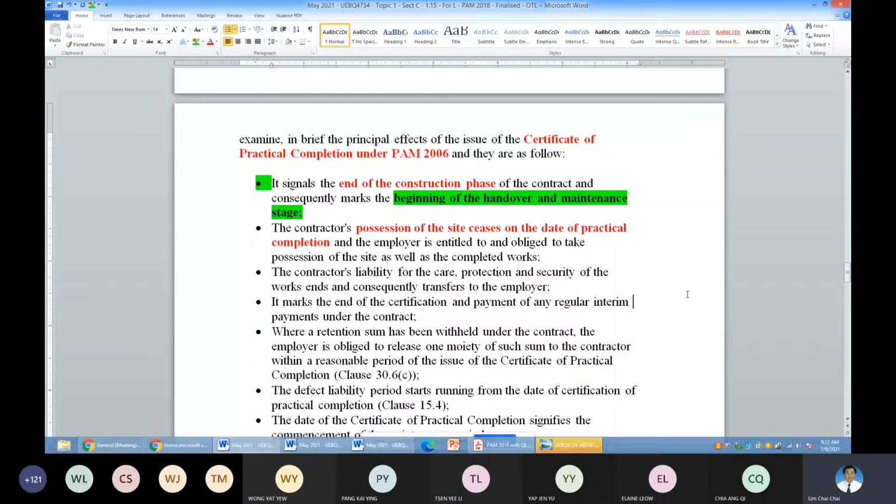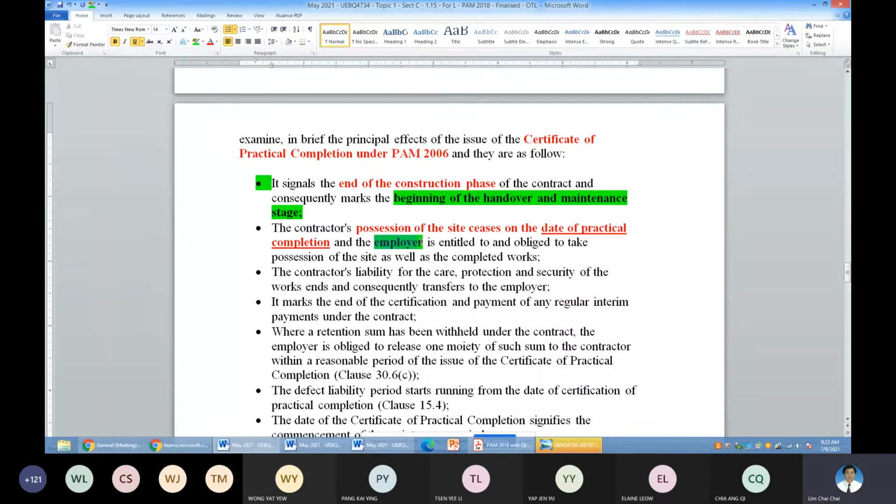The contractual licence of the contractor comes to an end on the date of practical completion. So at any time the contractor enters the project to do maintenance or whatever, if the contractor, subcontractors or suppliers want to enter the site, then you must get permission from the owner. If not, the party entering will become a trespasser.